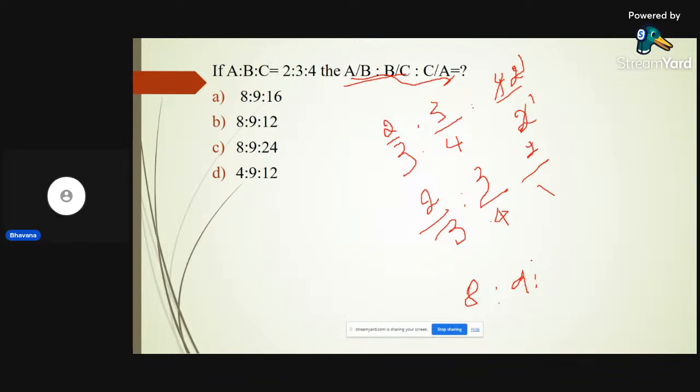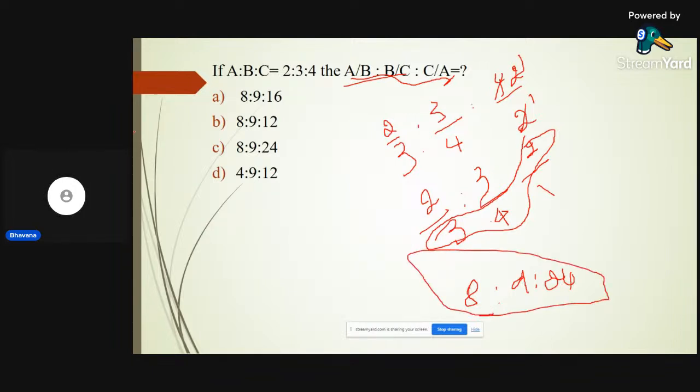So then what do we have to do here? Here 2 is there, no? These three values we need to multiply. 2 fours are 8. 8 threes are 24. So there is no formula applied here, and we can easily find the answer. That is 8 is to 9 is to 24.